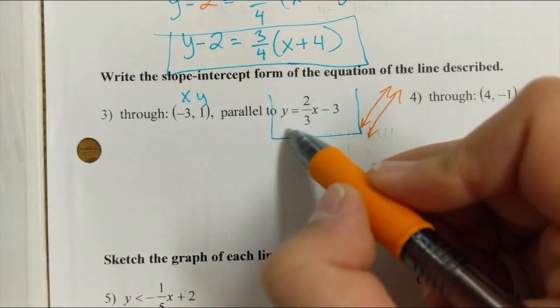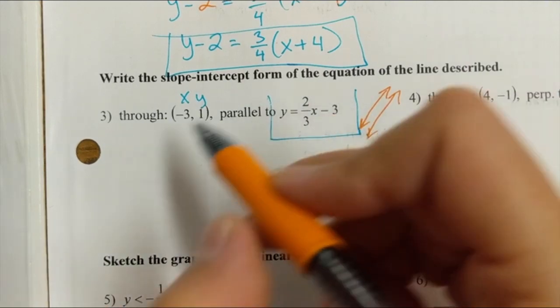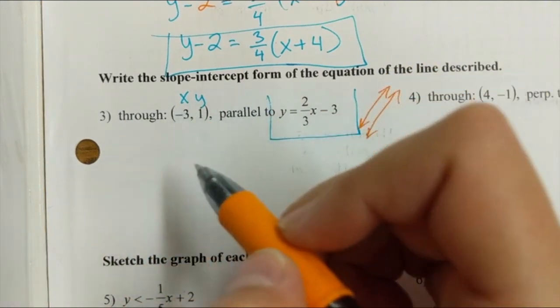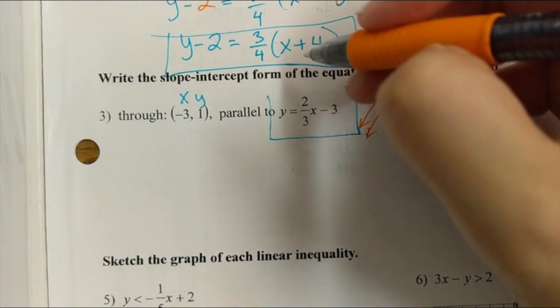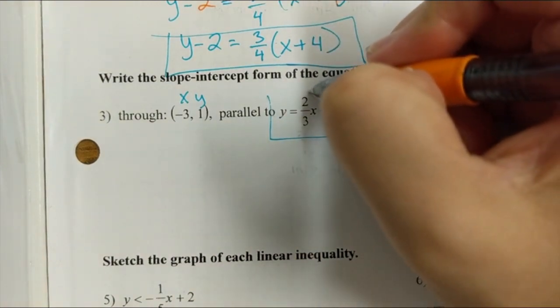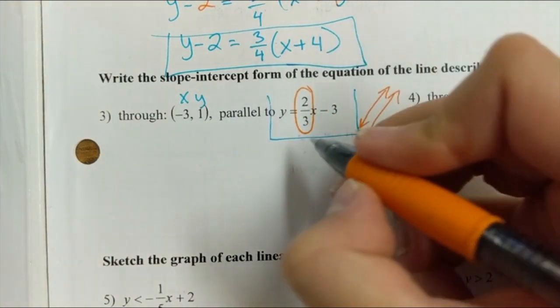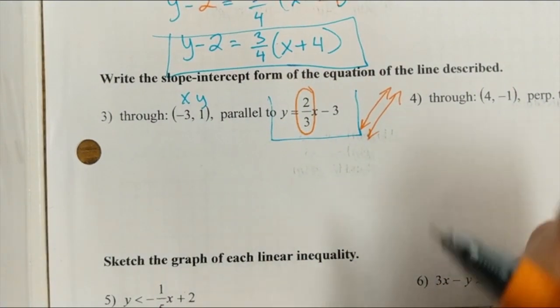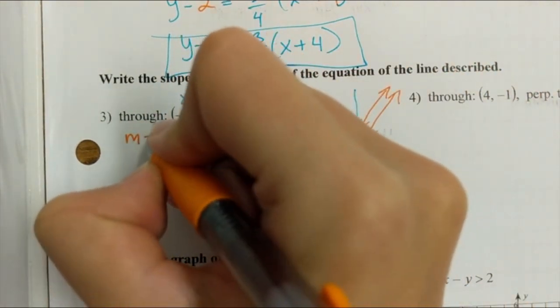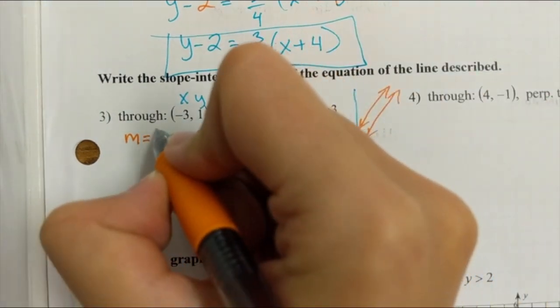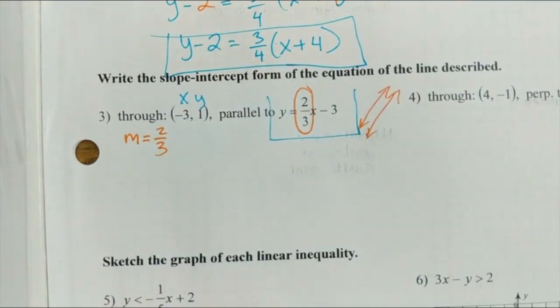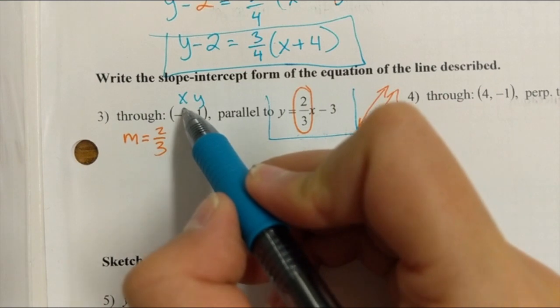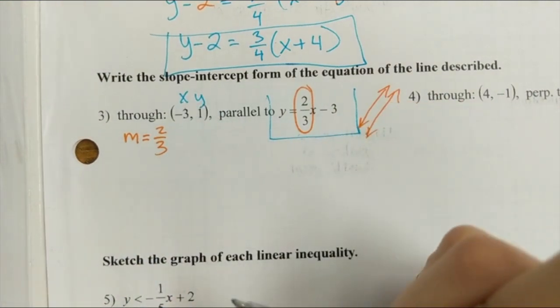I don't care what the y-intercept of this line is because I need to write one with a different y-intercept, most likely. So what I really care about is the slope. The slope of this line is 2/3. Parallel lines have the same slope, so the slope of the line we're going to write is also 2/3.